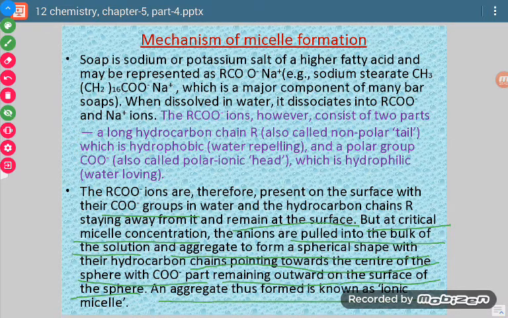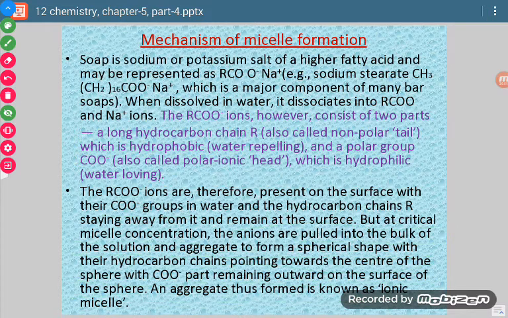An aggregate thus formed is known as an ionic micelle. So when CMC is achieved, when we have increased the concentration, they are attracted to form a bigger molecule. That bigger molecule is called a micelle.